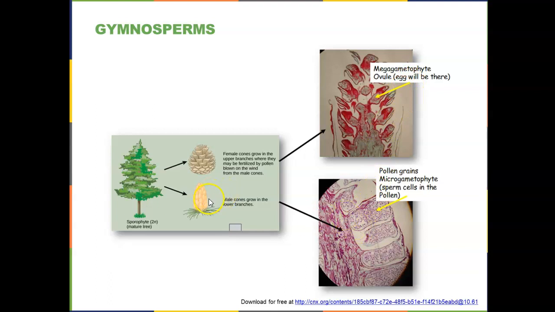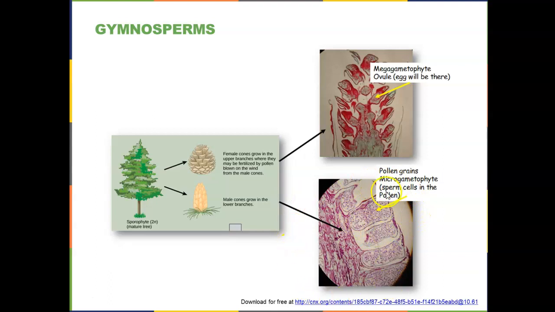Similar thing is happening on the male cone right here. We've got structures on the scales that are sporangia, but these are microsporangia, meaning they produce tiny spores, and they produce lots and lots of microsporangia. And those microspores that are produced by the microsporangia, they're produced via meiosis again, so they're haploid cells within a diploid structure.